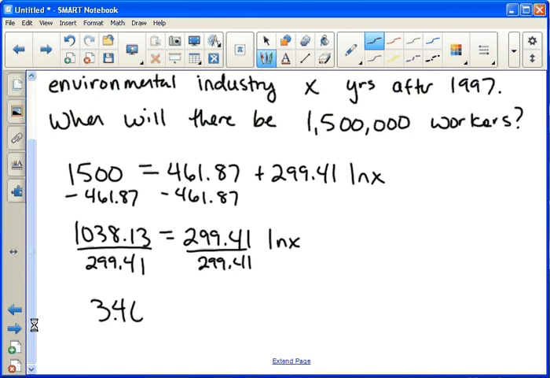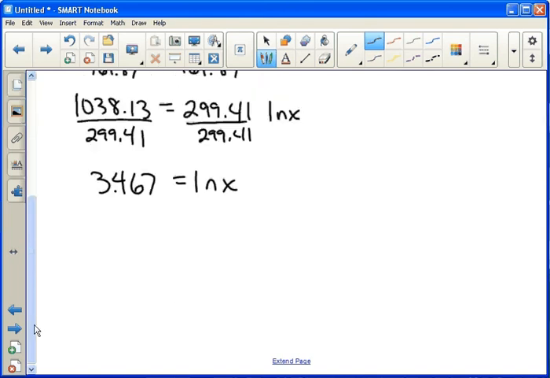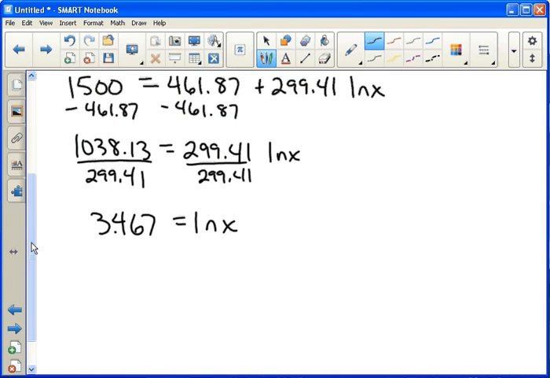Because the last thing we want to do is get rid of that natural log so we can solve for x. We do that by making both sides powers of e. So my last step is to do e raised to the number I just found in my calculator. So I'm going to do e and then do second answer so it uses the exact number for me. And I get 32.05.